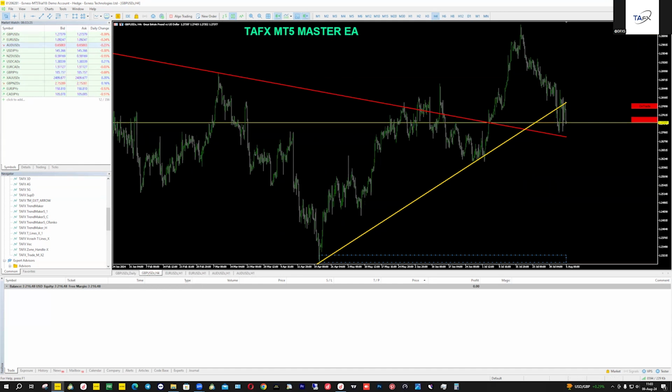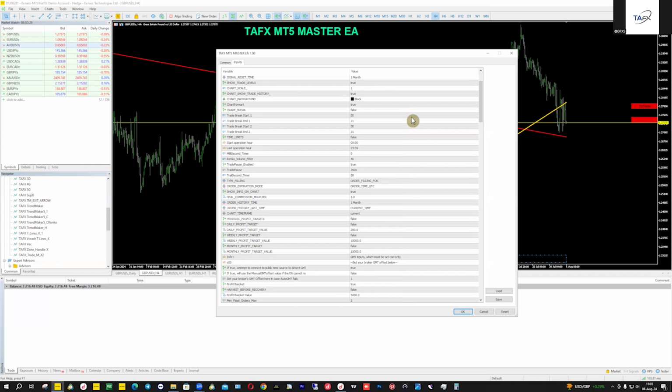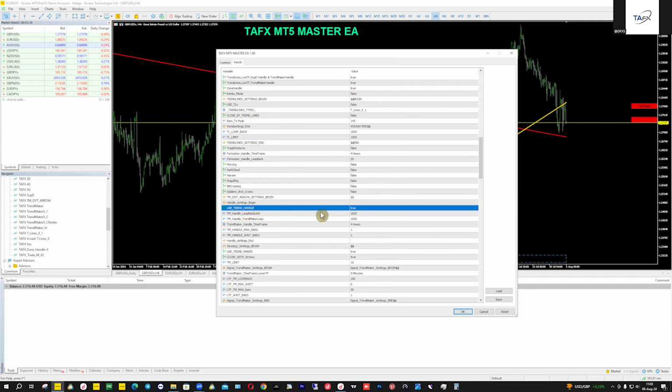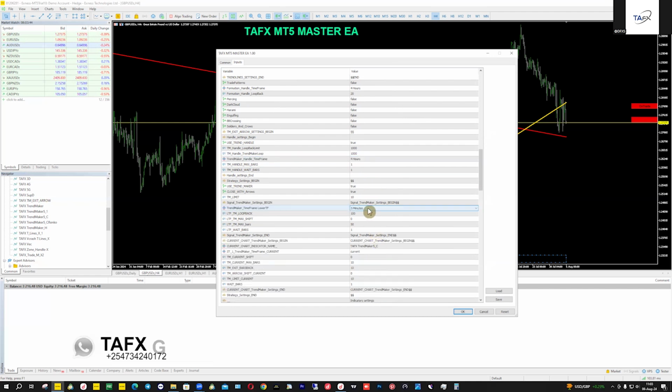Then let us go to this corner and double click to open our EA. So if we go to this area, we must make sure that the handle is true and the handle is for 4 hours. Here, let it remain 4 hours. The only thing we are going to change here is this signal time frame or trade maker, right?